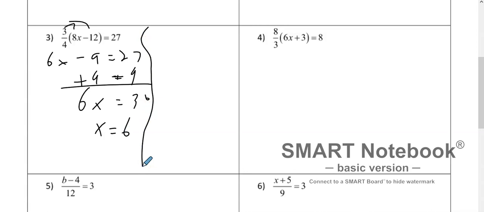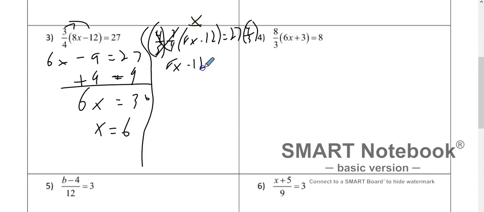Another way, we got our 3/4 (8x minus 12) equals 27. Another way is just like the previous problem. Imagine this was just 3/4 x, instead of a parentheses. What did we do? We multiplied by the reciprocal on both sides. When we did that, we were just left with our x. In this case, we're left with 8x minus 12.